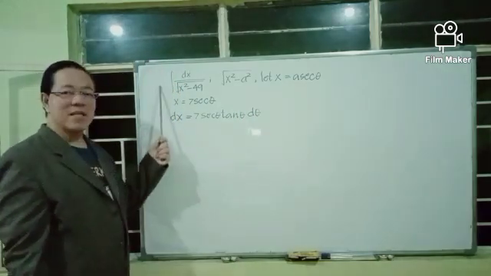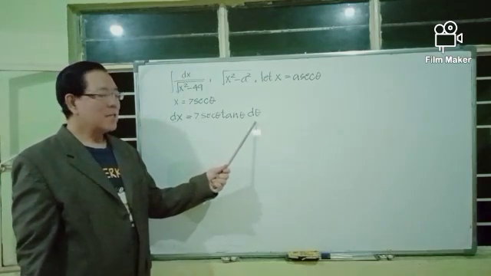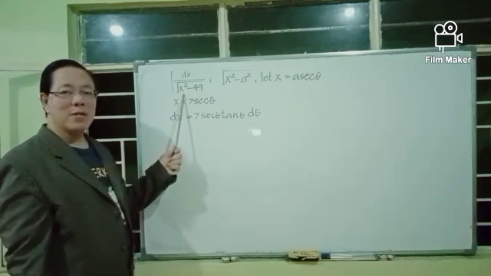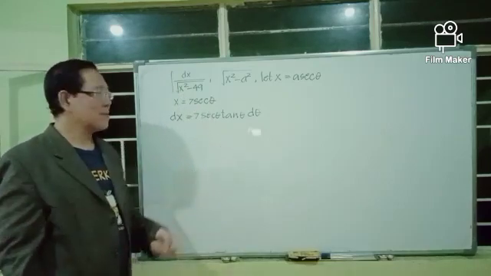And in the given integral, we replace dx with 7 secant theta tangent theta d theta, and in the denominator, we replace x with 7 secant theta, and we simplify.